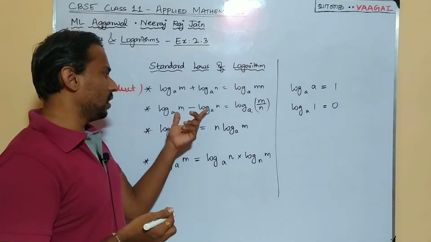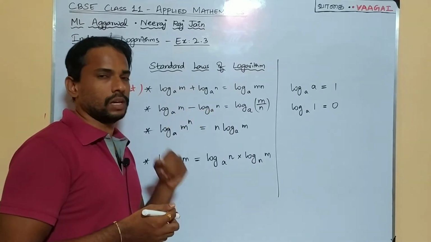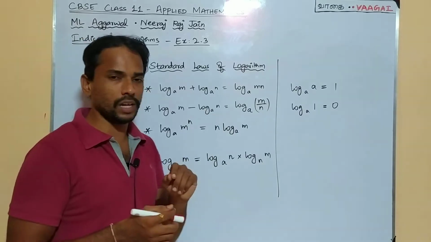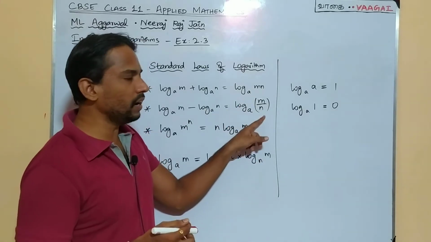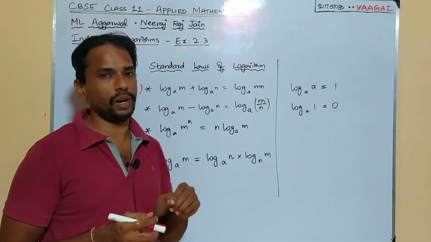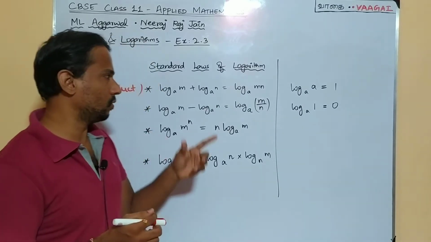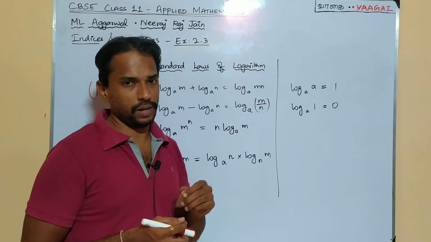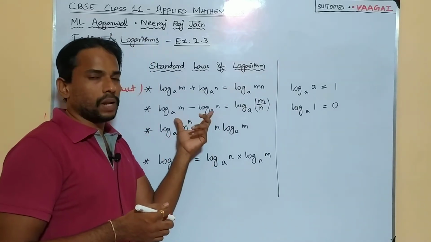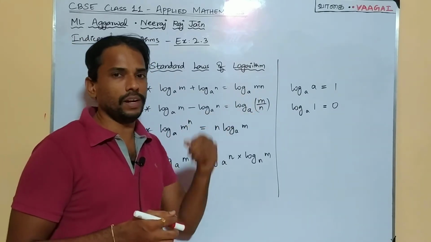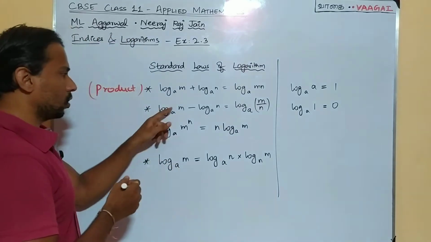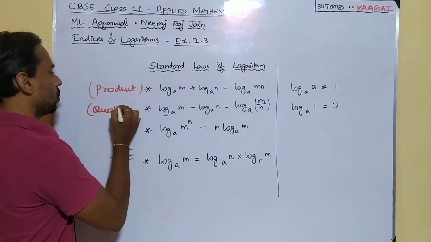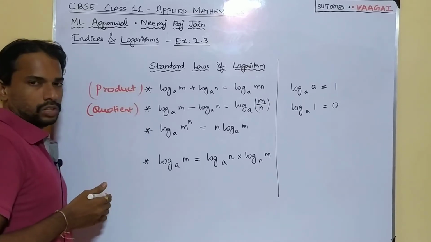When we have two logarithm values with the same base and we subtract them, on the right hand side the values get divided, m divided by n. So the first law says when they are added, the values get multiplied, but when they are subtracted, the values get divided. This second law is what we call the quotient rule, or quotient law.